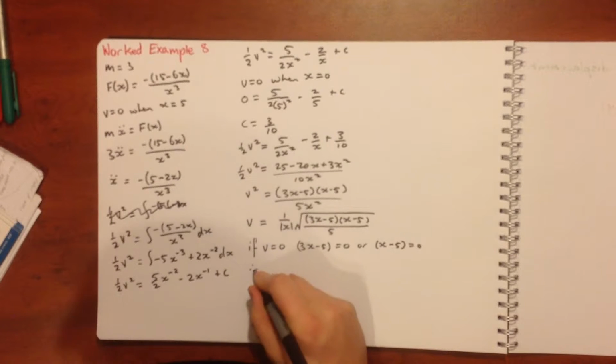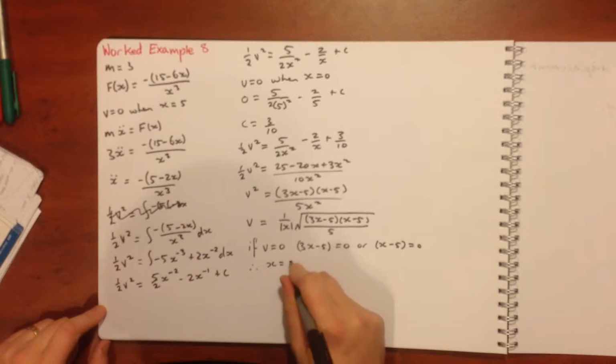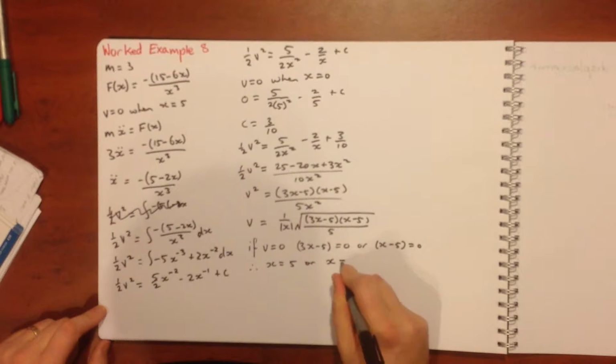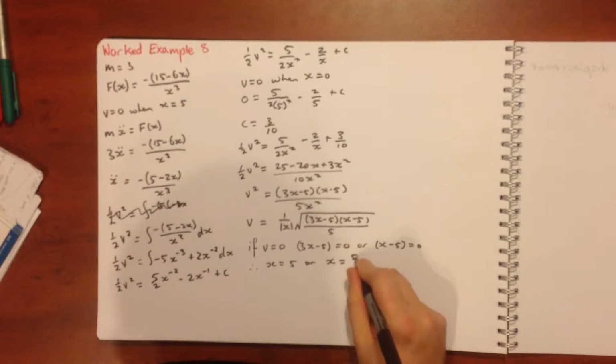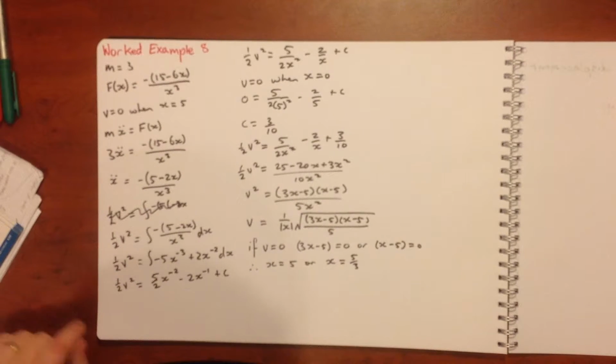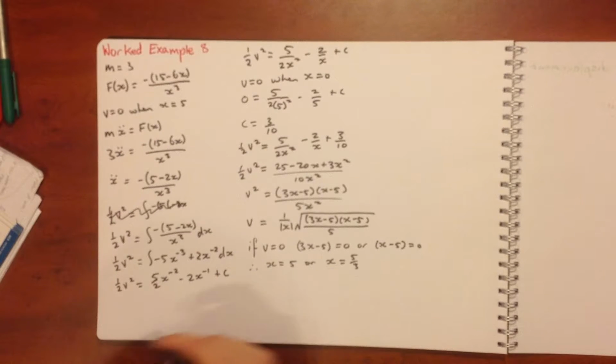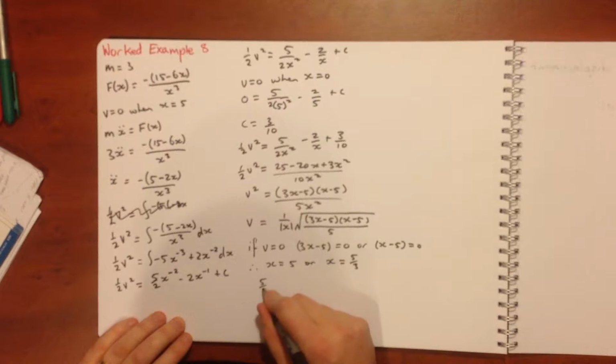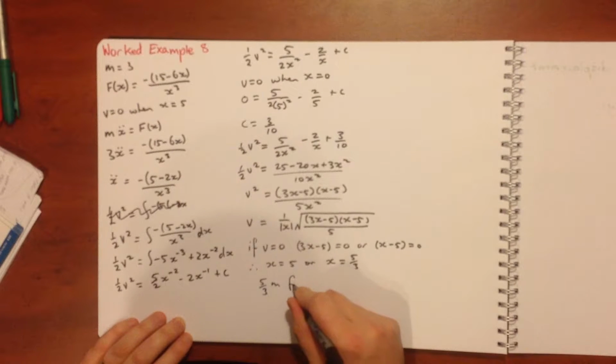Therefore x equals 5 or x equals 5 on 3. We were given when x equals 5 in the question, because the particle is at rest at a distance of 5 metres from the origin, so we've used that one. Find where else the particle comes to rest. Well, it comes to rest at 5 on 3 metres from the origin.